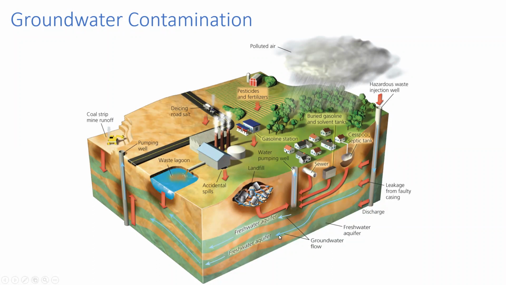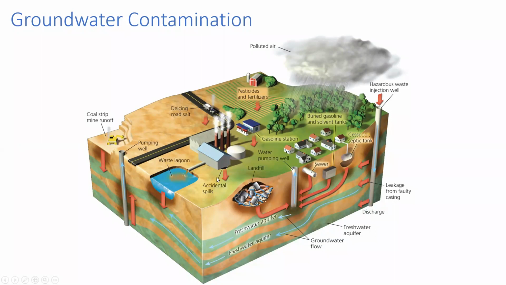Over time, because of these activities, in villages and in towns we have sewers and septic tanks, and then we have landfills. We create big pits in the ground, and whatever city waste we have, we just dump it there.